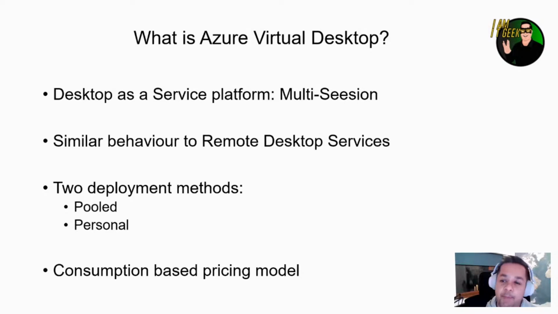Azure Virtual Desktop is a bit more like your traditional on-premises remote desktop services. They both have 2 deployment variations. Windows 365 Cloud PC has business and enterprise variations. Azure Virtual Desktop has pooled and personal host pools. Another big difference between these 2 is that one is a fixed cost pricing model and the other is consumption-based.